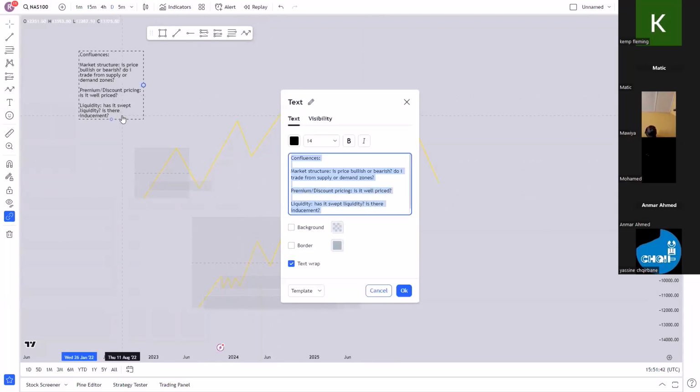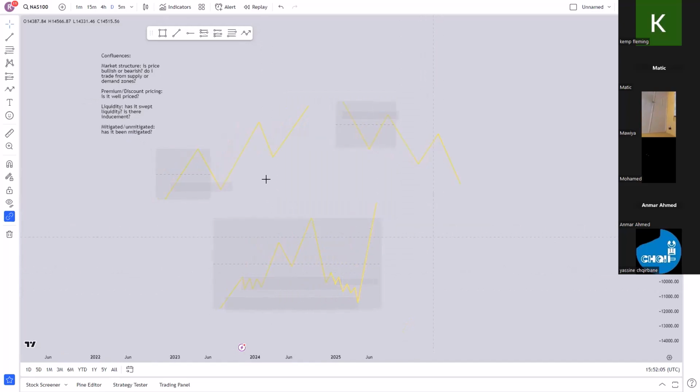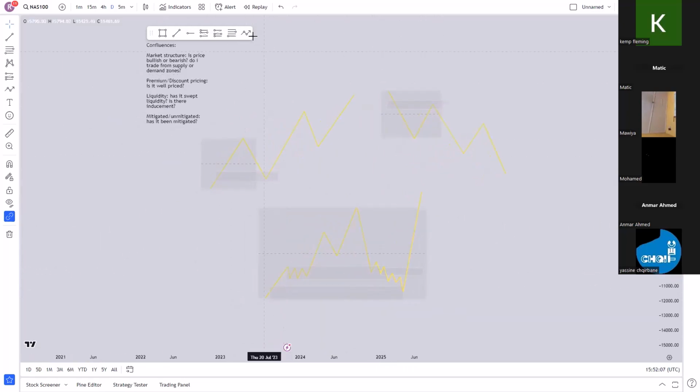Okay, another confluence here. So mitigated or unmitigated? So has it been mitigated? And why I say this is, let's say we get price moving up, okay?